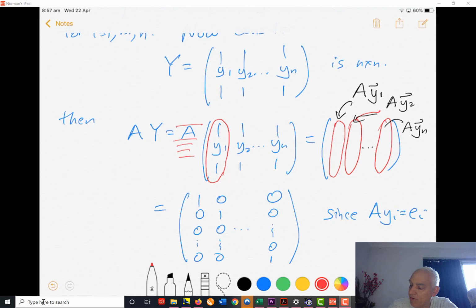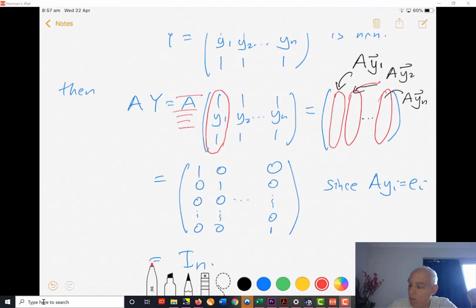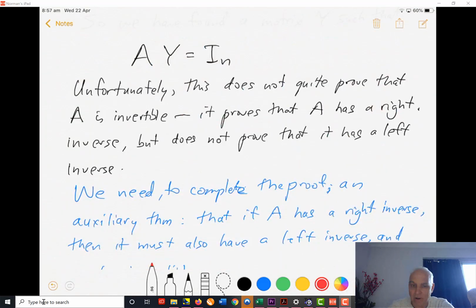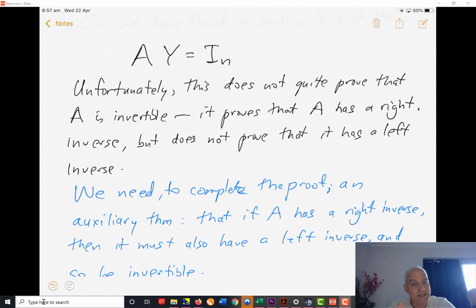So we're still in the process here of completing this proof. We have found this right inverse Y, but we're not yet able to deduce that A is necessarily invertible out of that, because just because it has a right inverse, it doesn't mean that it also has a left inverse.